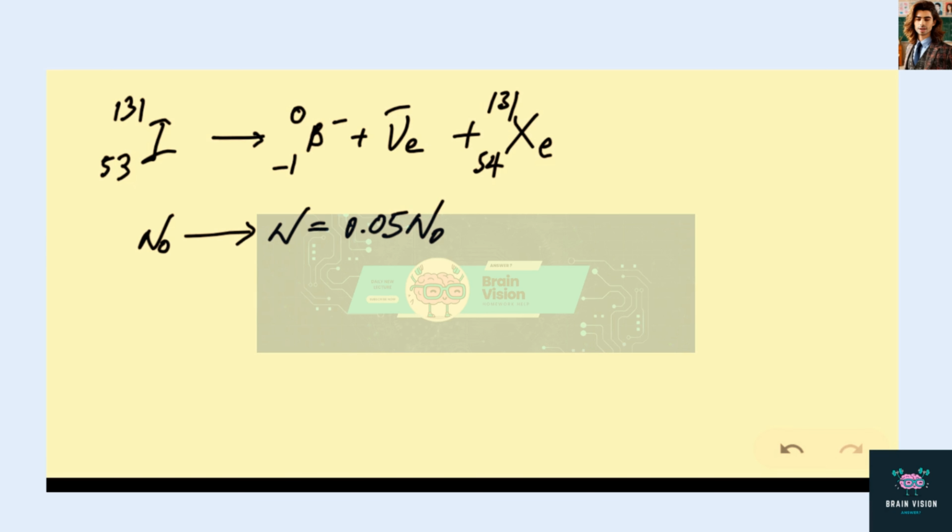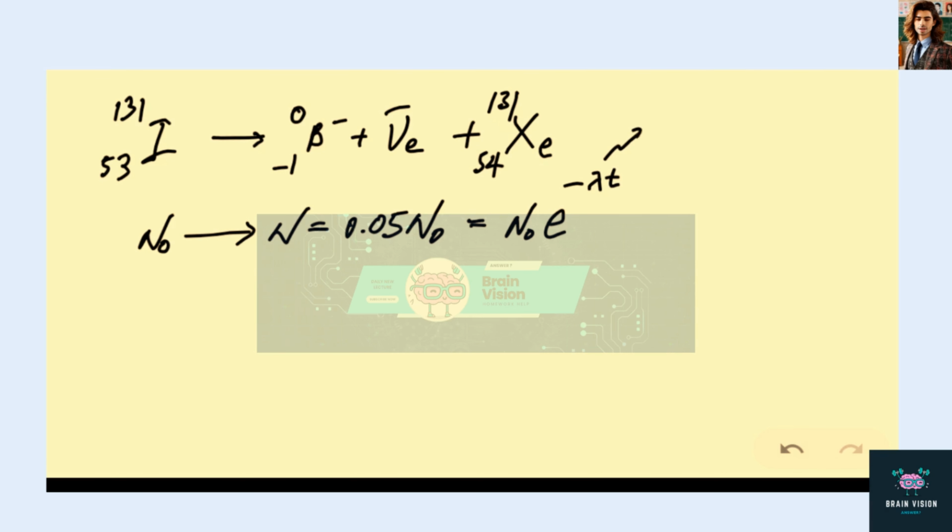We're going to use the decay law, that is the value N at any time after N0 is given as N0 times e to the power of negative lambda t. t is the time, right, that we want to find.